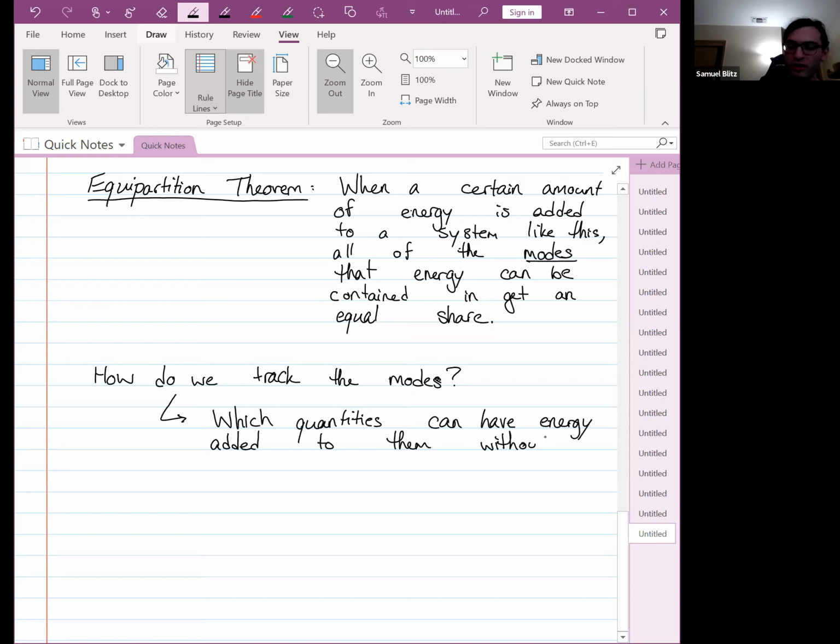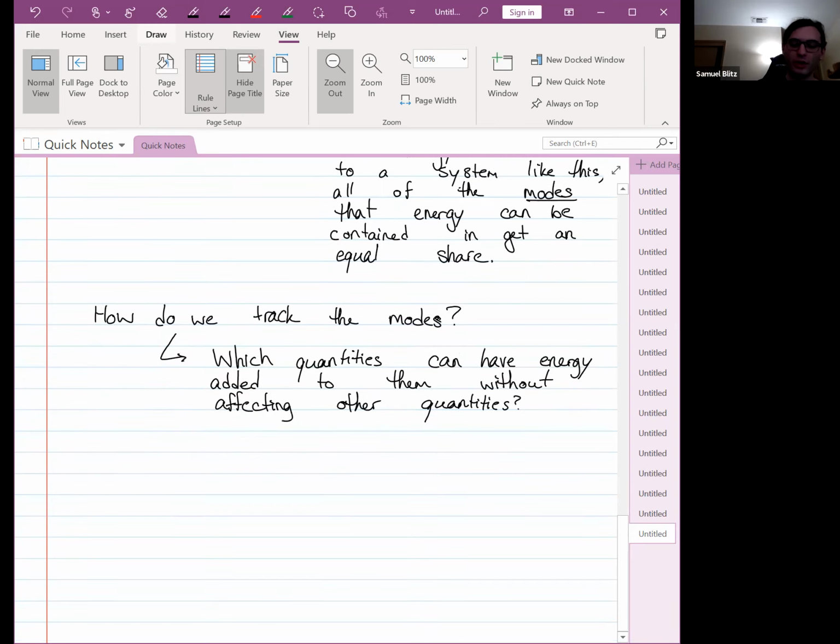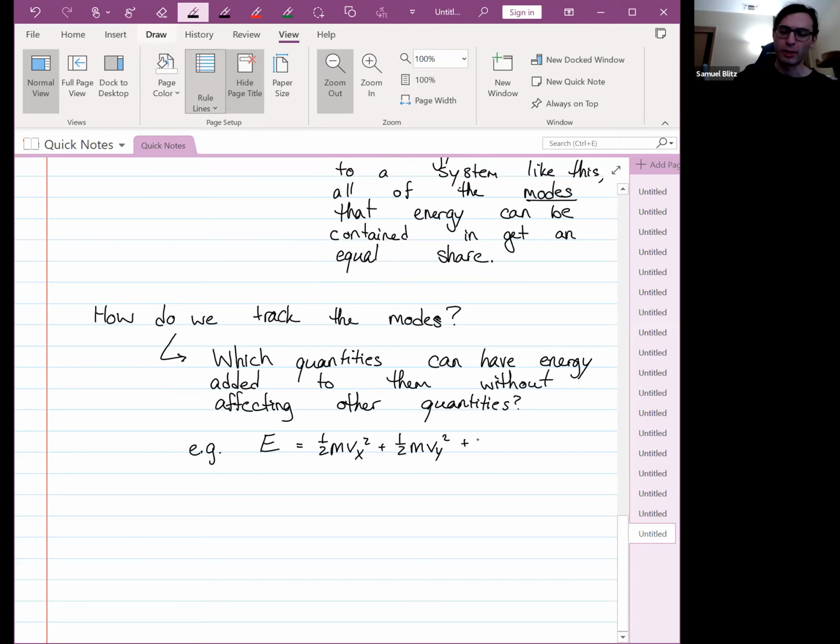And so these quantities are the modes. Let me give an example. The example here for the monoatomic gas would be, well, what is the whole energy of the system? The energy of the system is 1/2 times mvx squared plus 1/2 times mvy squared, this is for a single particle, by the way, plus 1/2 times mvz squared.